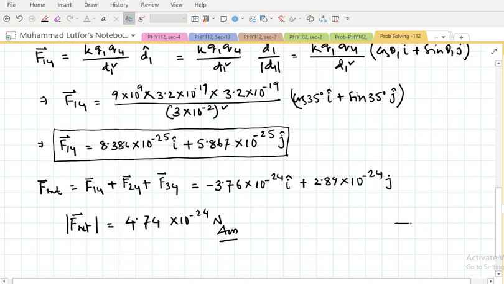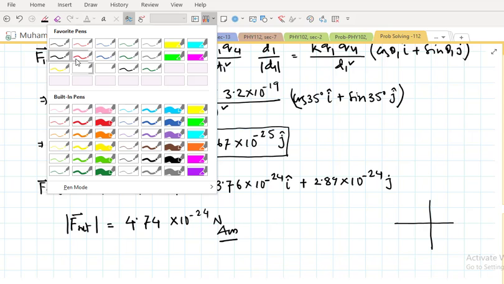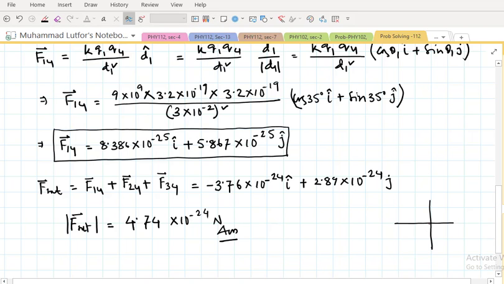Look at this. The x component of this resultant force is negative, and the y component is positive. Then the resultant vector will be over here.